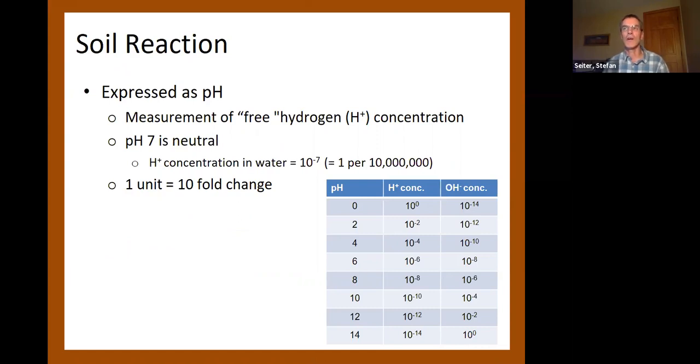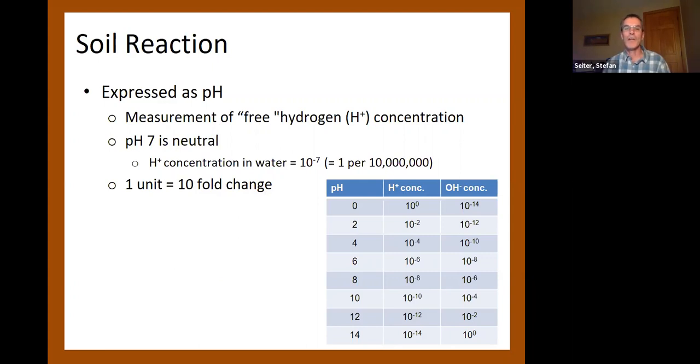pH is a measure of the soil reaction. And so it usually goes from 0 to 14, with 7 being neutral and 1 being very acid or acidic, and 14 being very alkaline.